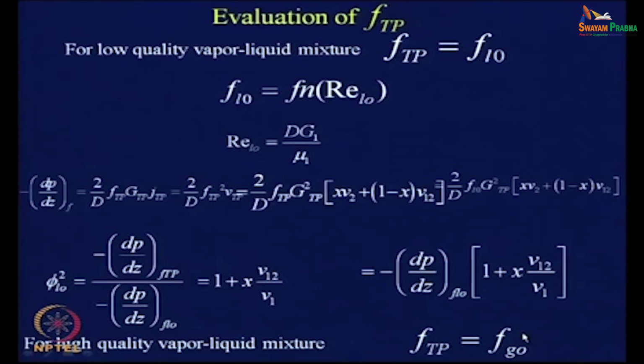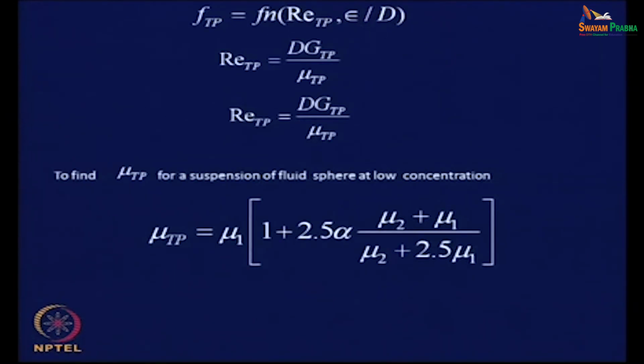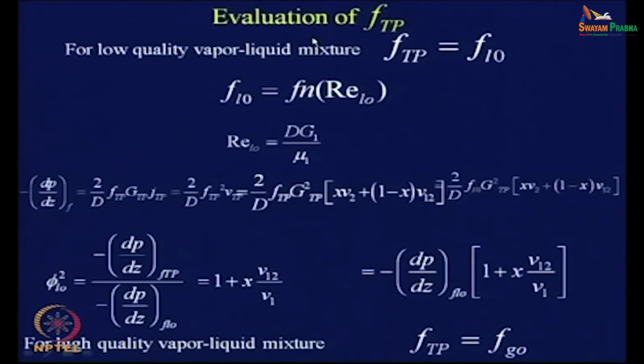If that happens, then usually we write it as a function of two phase Reynolds number, where this two phase Reynolds number can be expressed as dG by mu_TP. This is a much more realistic expression as compared to the previous two expressions.